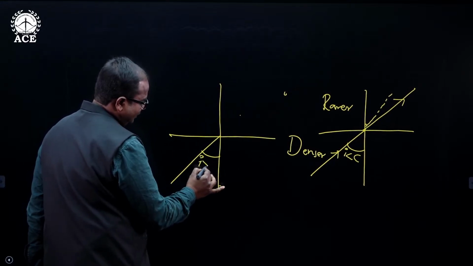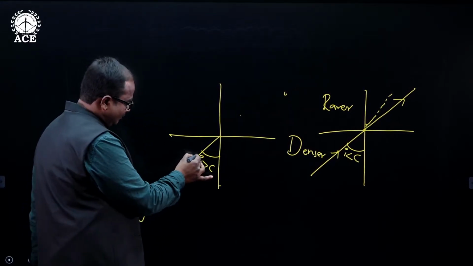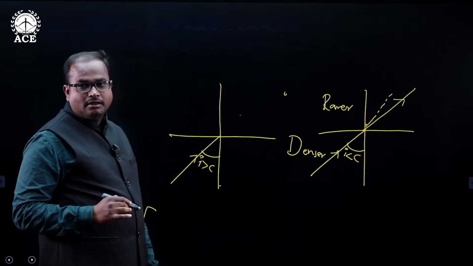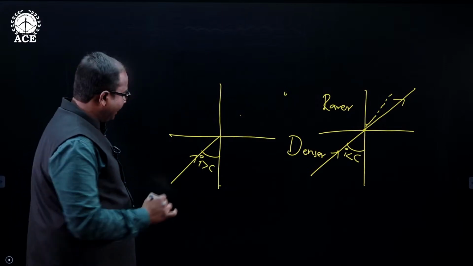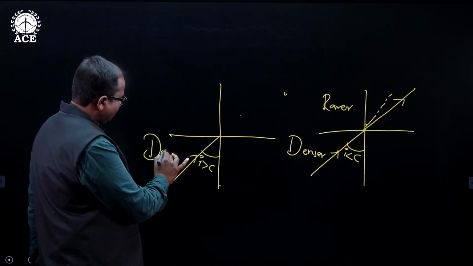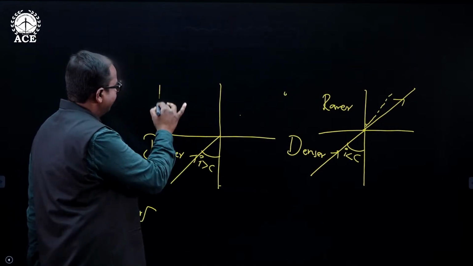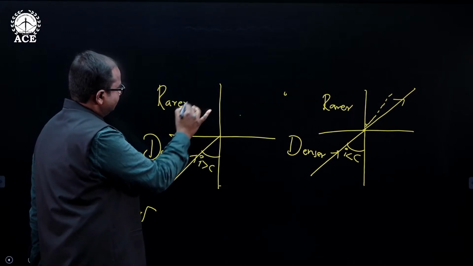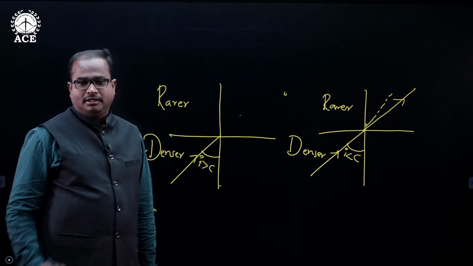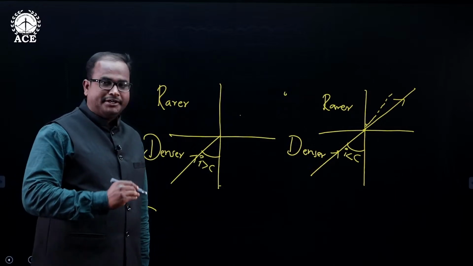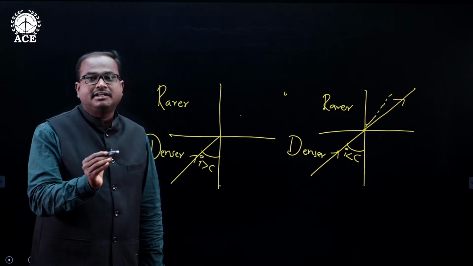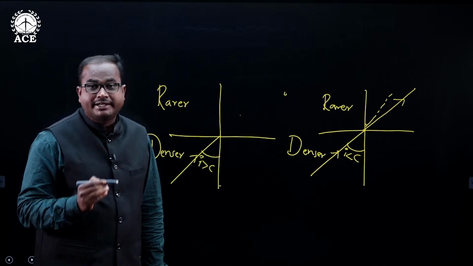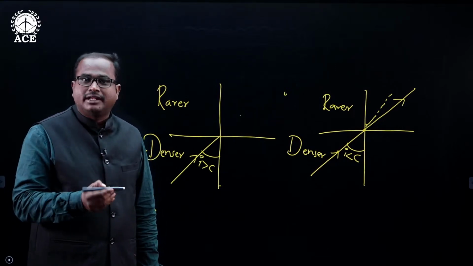Now I consider a situation where the angle of incidence is greater than the critical angle. Again, the light ray is going from denser medium to rarer medium. Then what happens to the light ray?